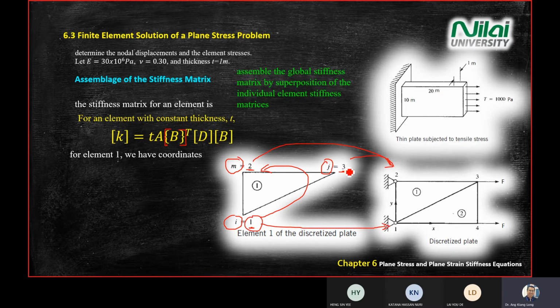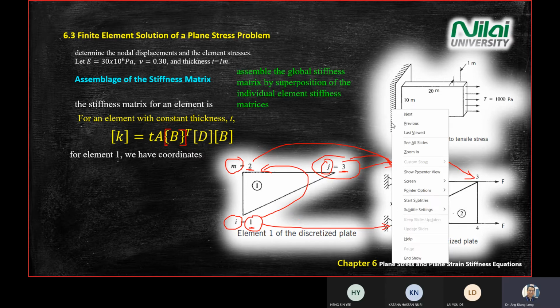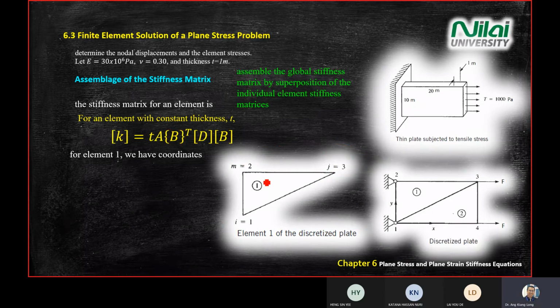Because the diagram gives you 1. Why is J 3? Because the diagram says 3. Okay, clear? Don't confuse it with the direction. Labeling is anti-clockwise; however, the numbering, you should follow the diagram in the question.